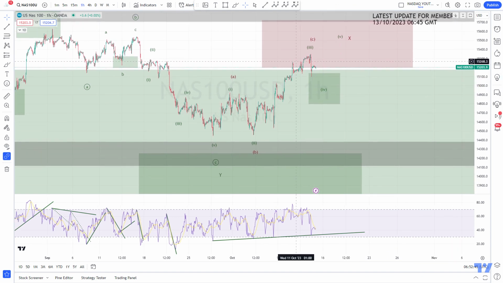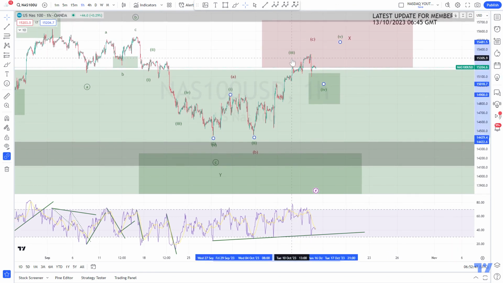I think when I made the video yesterday that my count was like this, but of course during the day I update my charts depending on the additional data we get. And so I actually believe we should do the count like this right now. This was only a wave 3 up.